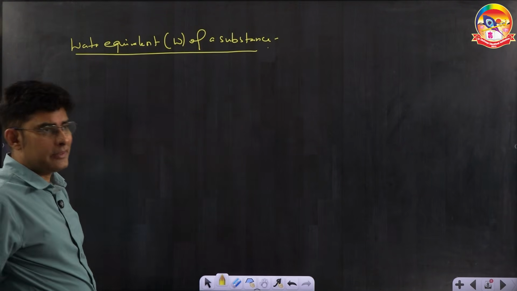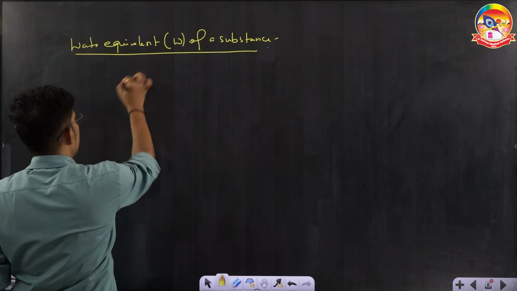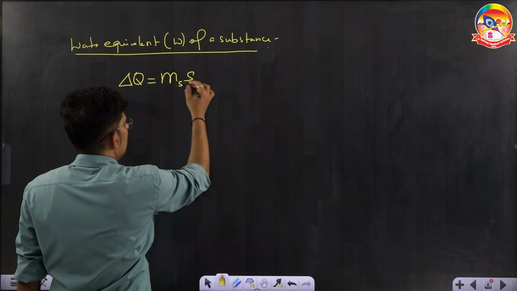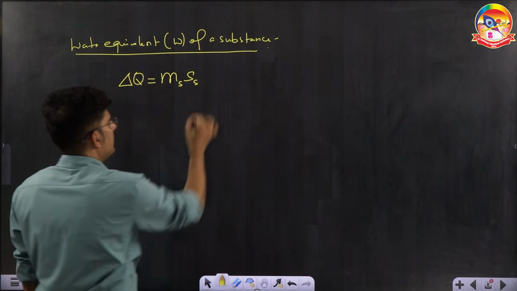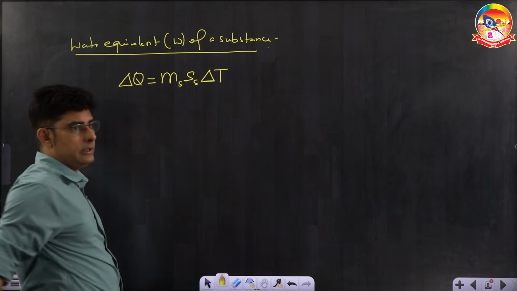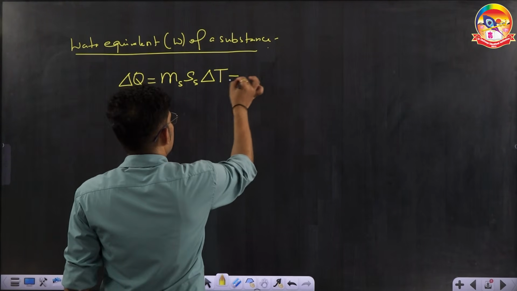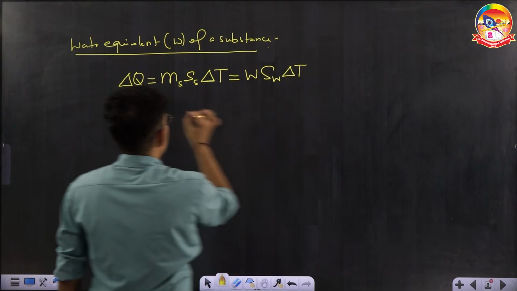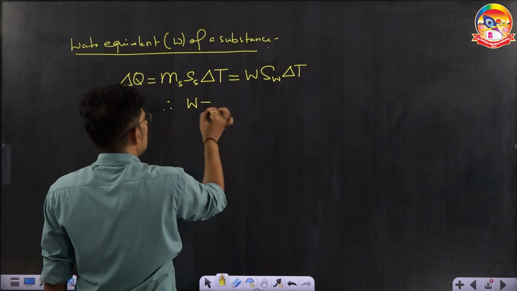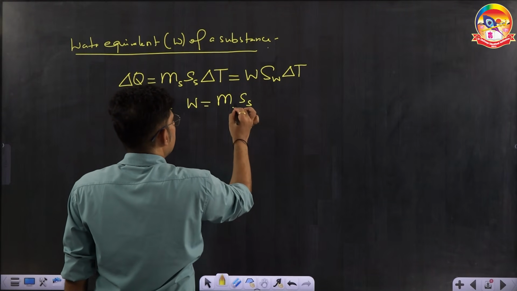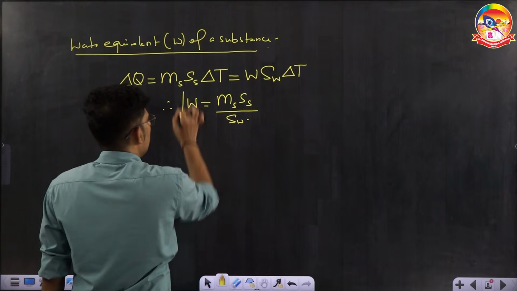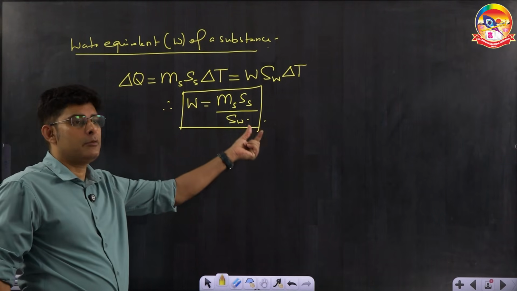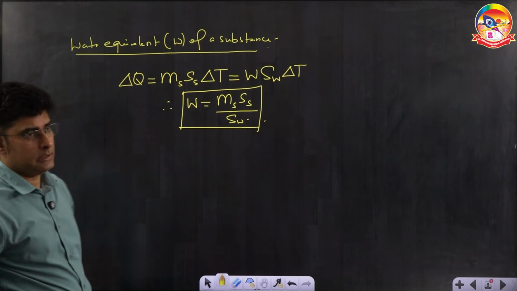So delta Q is the heat required for a mass of substance M_S with specific heat S_S, changing its temperature by delta T. If you want to replace it by water, you can write W S_W delta T. So from here W can be written as M_S times S_S by S_W.